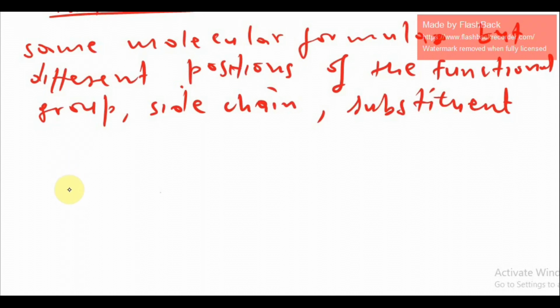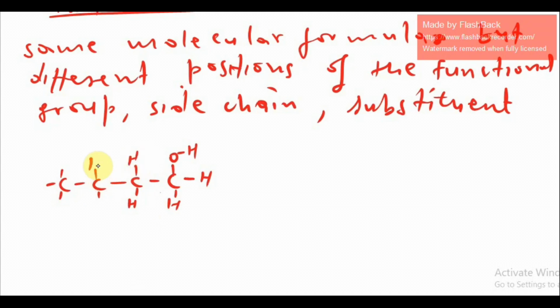Now let's look at this compound and this one. 1, 2, 3, 4. Okay, this is an alcohol. As you can see, it's an alcohol, right? 1, 2, 3, 4.